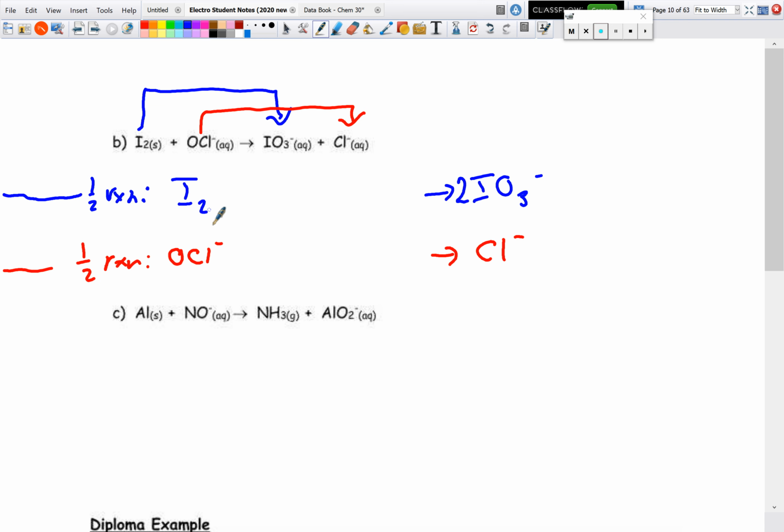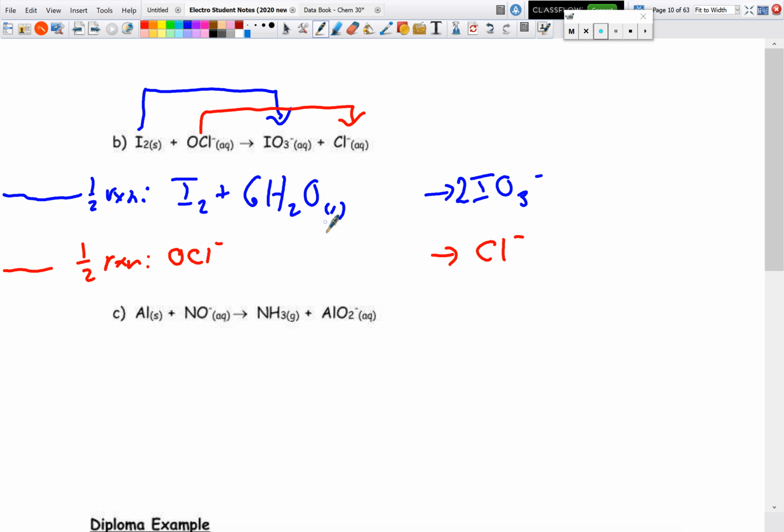On my reactant side I had 0 oxygens. On my product side, however, I have 6 oxygens right now because we have 2 IO3s. So I need to add 6 water molecules on my reactant side in order to balance out the oxygens.